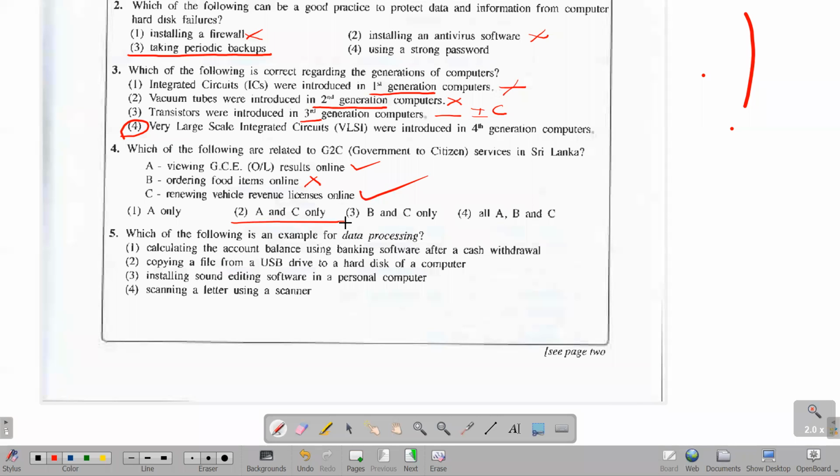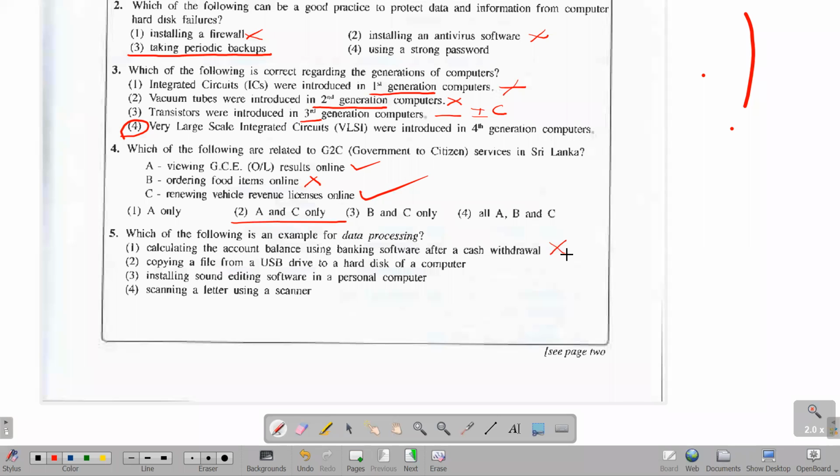Which of the following is an example for data processing? Calculating the account balance using banking software after cash withdrawal, a very minimal processing is involved. And copying a file from a USB drive to the hard disk of a computer.